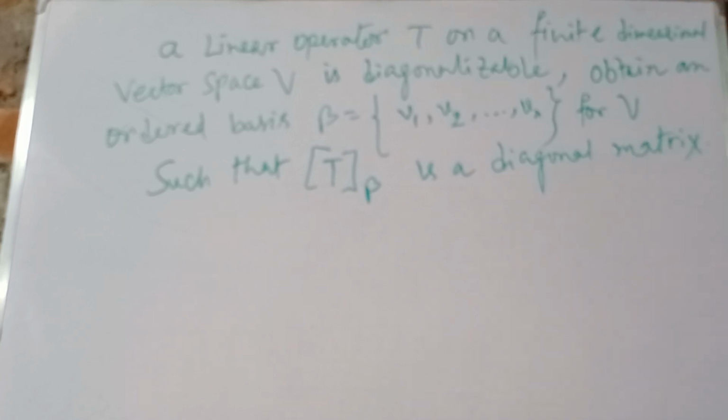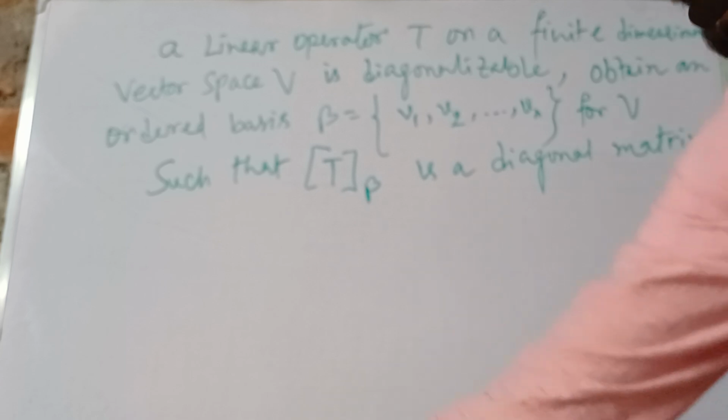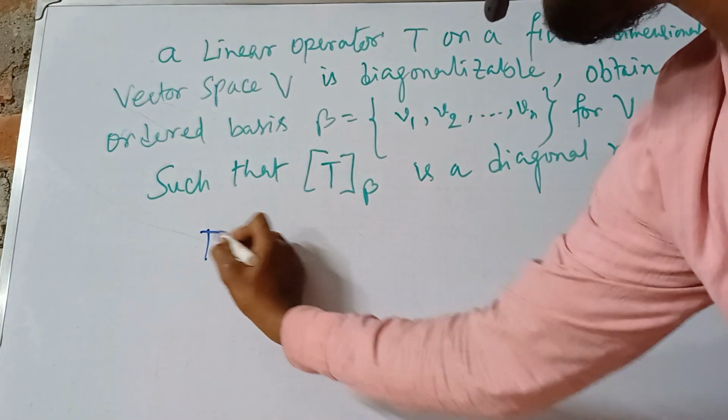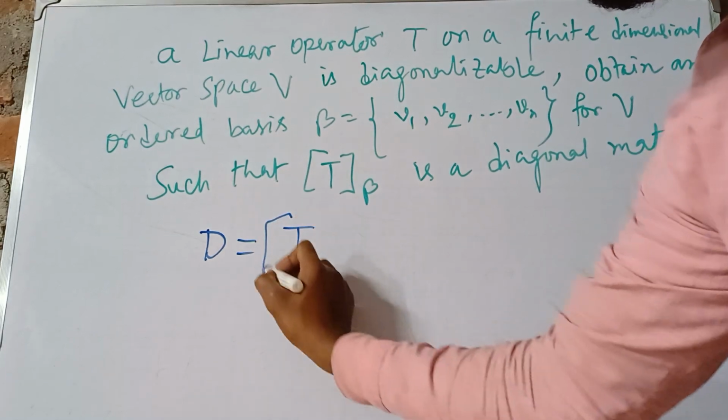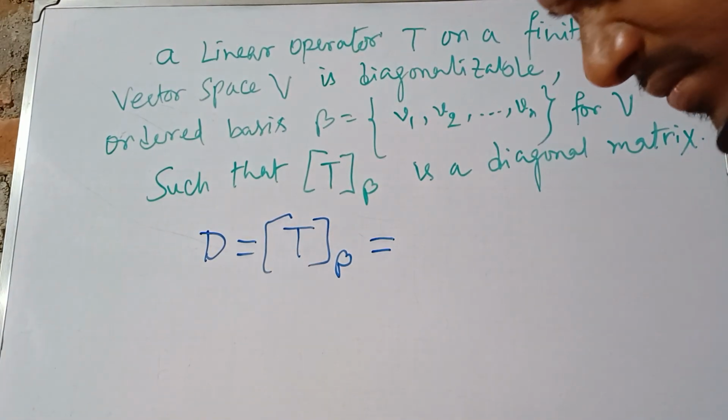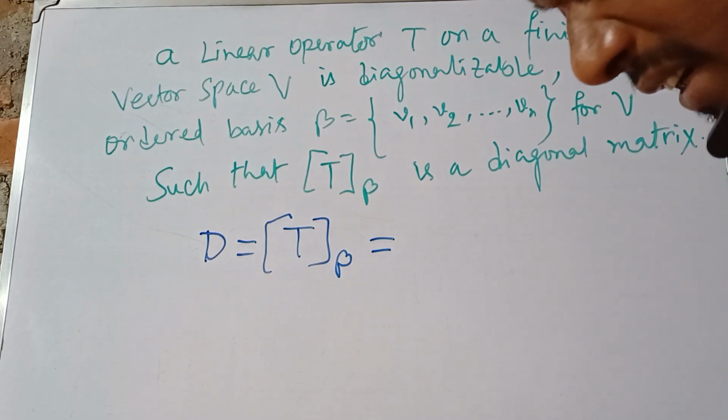Understood? That means in this way the diagonal matrix representation, we write D equal to T beta. Then what happened here?